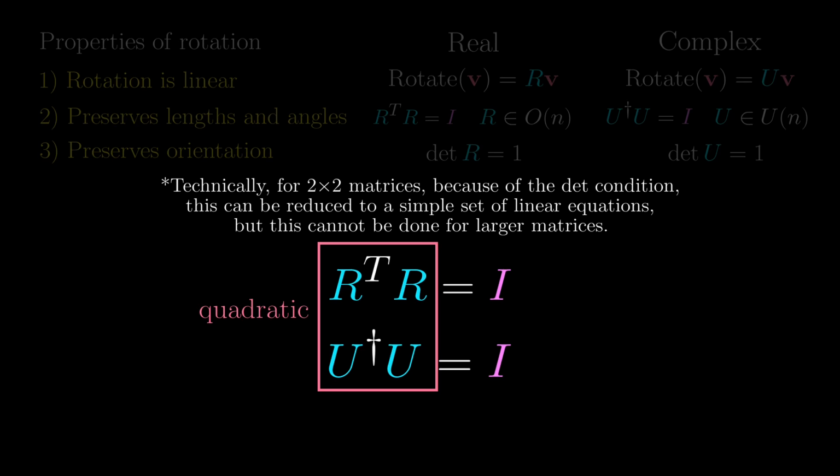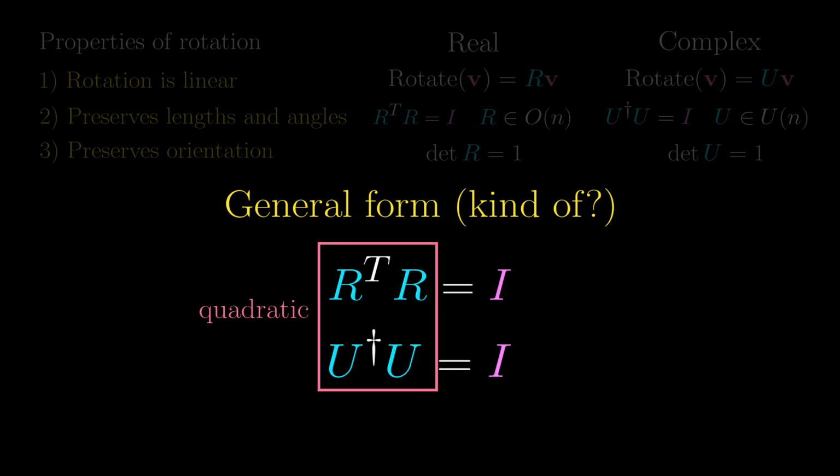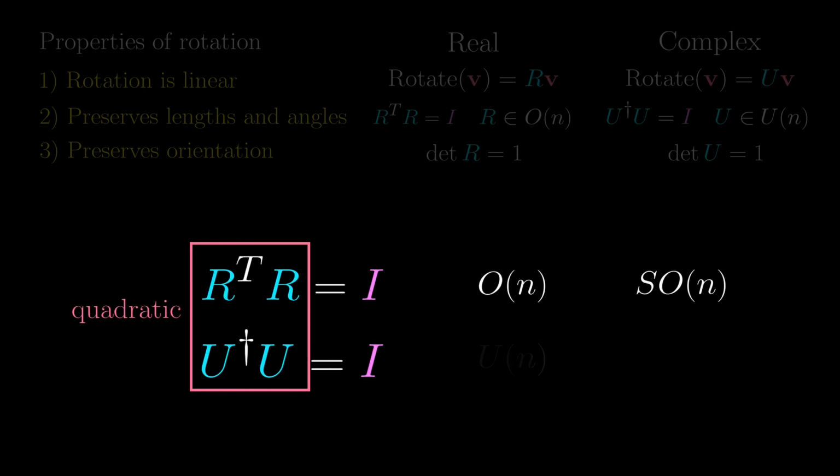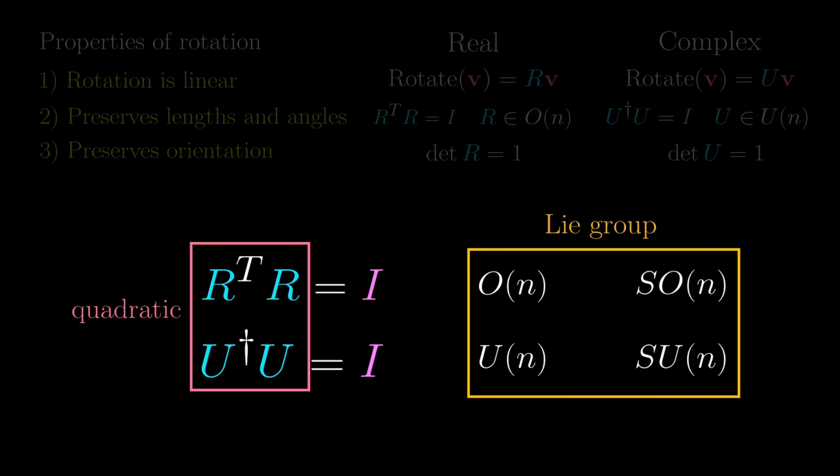By solving, I mean writing down a general form of some sort. Luckily, the set of these matrices, whether it is O(N), SO(N), U(N), or SU(N), forms something called a Lie group, which is dealt with by Lie theory. The theory will help us get closer to a general form of these matrices.